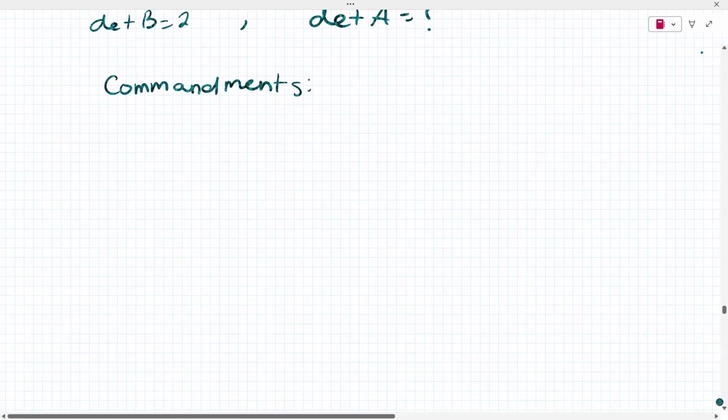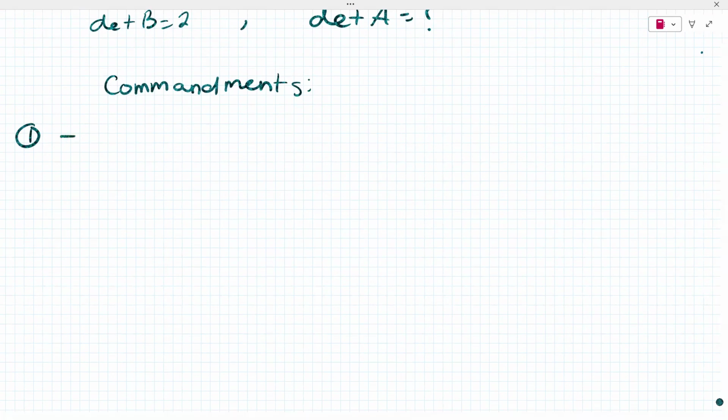Okay, so my first commandment was -2 row 1 plus row 3 gave me new row 3. And unfortunately, this is a scalar, but the scalar was related to row 1 and our new row was row 3, so they're not the same. So it did not scale, so it's just addition.